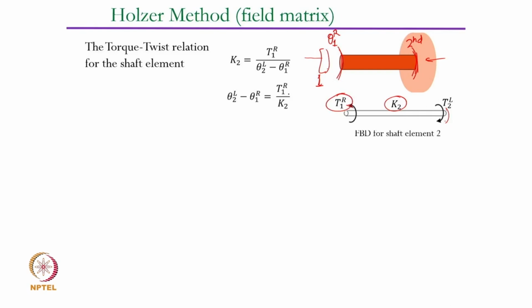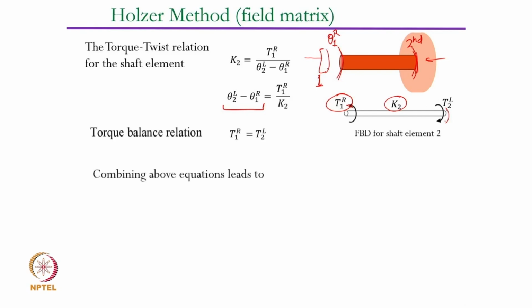So T1R and T2L are going to be identical. Two torques are applied on the same shaft, so the two should balance each other out. So T1R will be equal to T2L, and then divided by K2 will give you the net twist across the two ends of the shaft. So theta 2L and theta 1R are related through this expression.